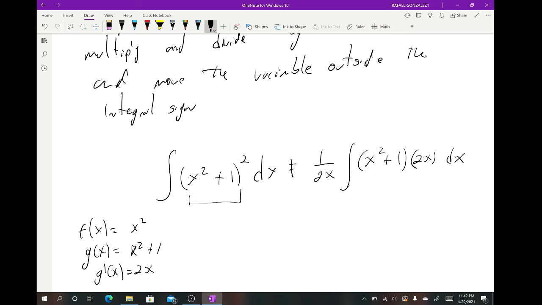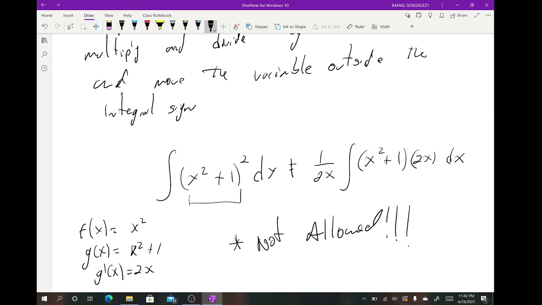Notice there's no 2x. So what did I try to do? I tried to introduce it by multiplying and dividing by 2x. This is not allowed. So be careful. A lot of students make that mistake, and it's a very fatal mistake.